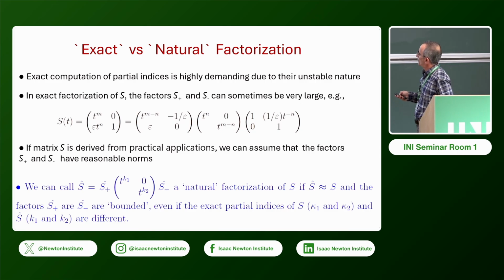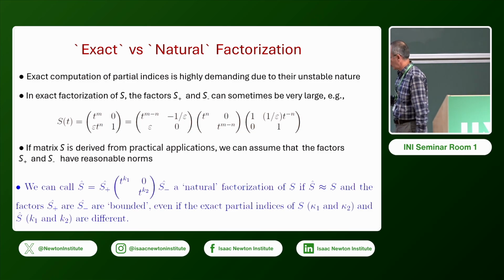We have to factorize this, but we approximate it by some matrix, and we factorize this exactly with reasonable factors. But the partial indices of these matrices might even be different. The exact factorization of these matrices might have factors that are too large, as in this example. Therefore, we call it natural factorization when we have an approximate factorization, but the factors are also bounded and not very large.